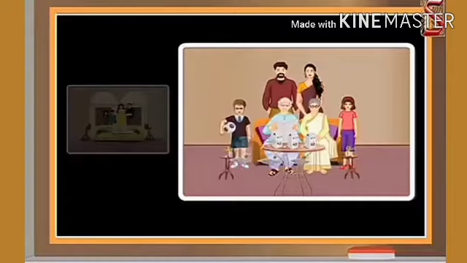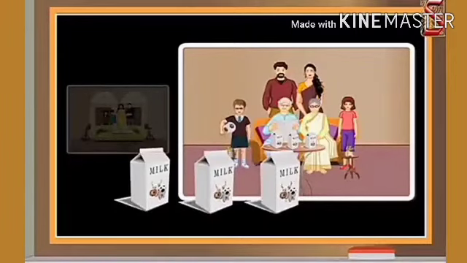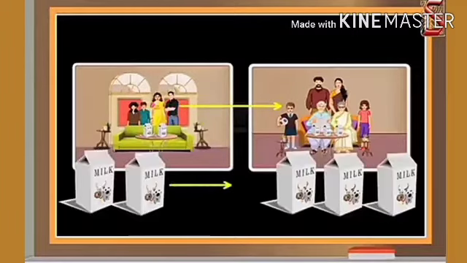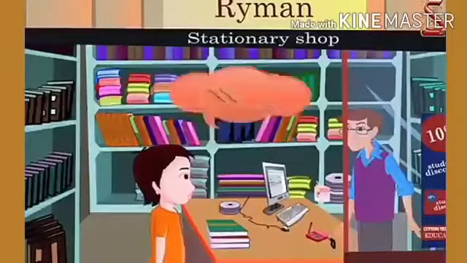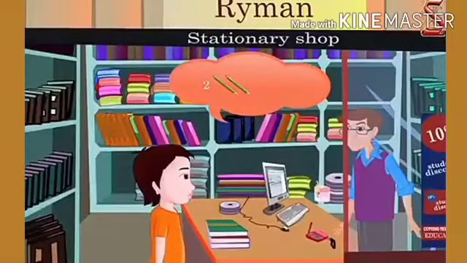A family of 4 members consumes 2 liters of milk daily, and a family of 6 members consumes 3 liters of milk daily. So here we see that when the number of family members increased, consumption of milk increased too. Let us consider a different situation. Sunil goes to the stationery shop to buy 2 pencils. 2 pencils cost rupees 4.